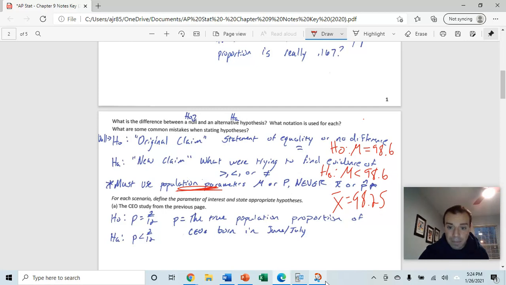So the corresponding p-value here is equal to approximately 0.000001. So it's a really, really, really low p-value.